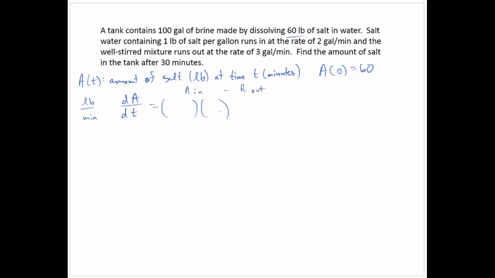Salt water containing 1 pound of salt per gallon runs in at a rate of 2 gallons per minute. So it's coming in at 2 gallons per minute, and it contains 1 pound of salt per gallon. Minus, how is it leaving? It's leaving at 3 gallons per minute.